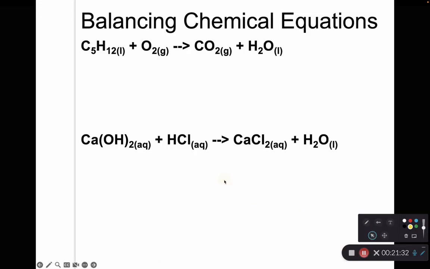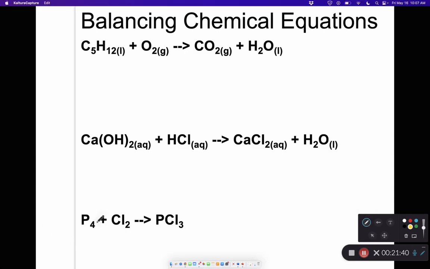Please give me one more equation. Okay, here the physical states are missing. A correct chemical equation should have physical states with them, with subscripts written with the letters. Anyway, we have P4, this is phosphorus, plus Cl2, 2 reactants combining to make the product PCl3.